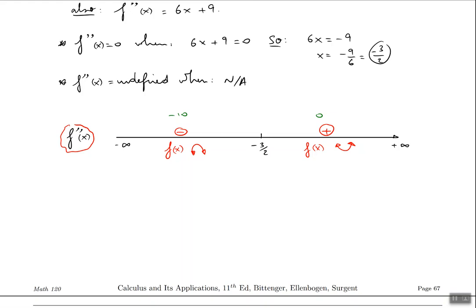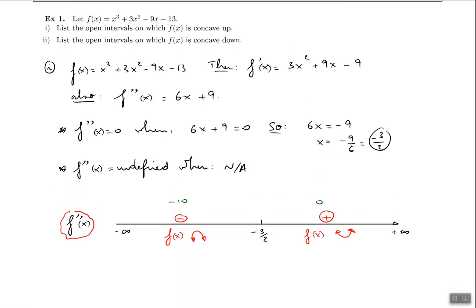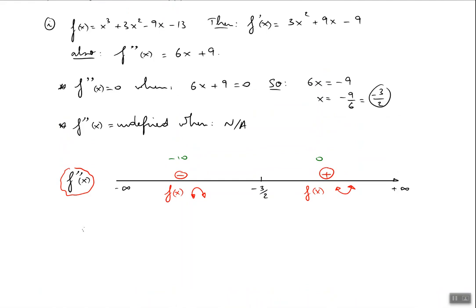To answer questions 1 and 2, part 1 said what's the interval on which it's concave up. So we can say f of x is concave up on the interval from -3/2 all the way to infinity. That's the end of part 1. Now part 2 said what interval is the function concave down on.